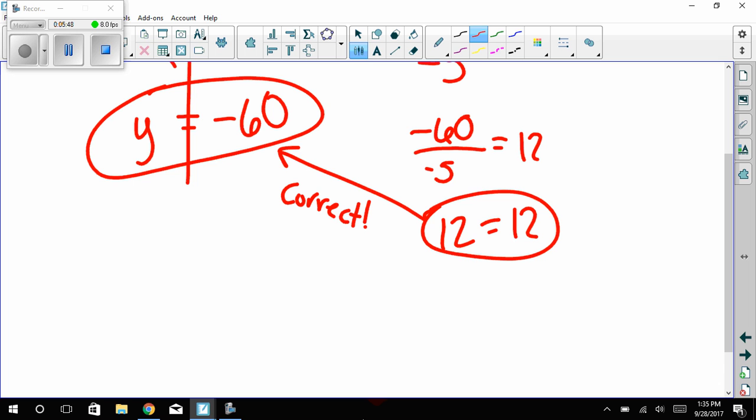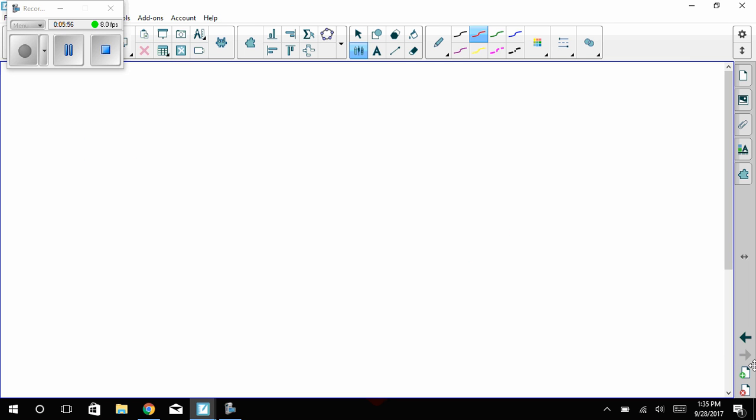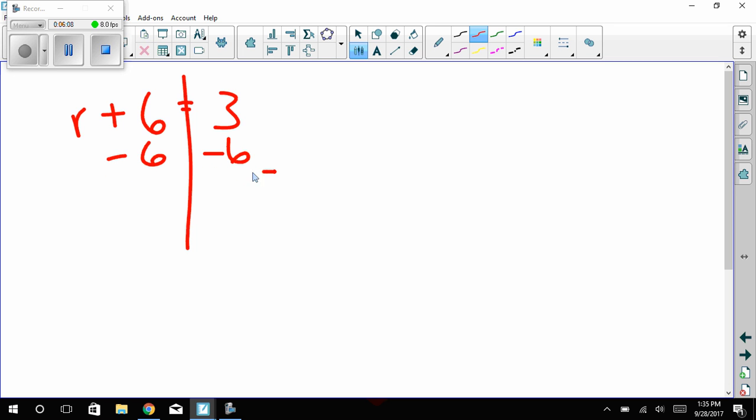That is basically all that we are adding today. There's not much difference from yesterday. The four kinds of problems that we have learned so far in solving equations are something like this, where in this case they're adding, so I use a negative 6 and a negative 6, so we get r equals 3 minus negative 6, which would be negative 3.